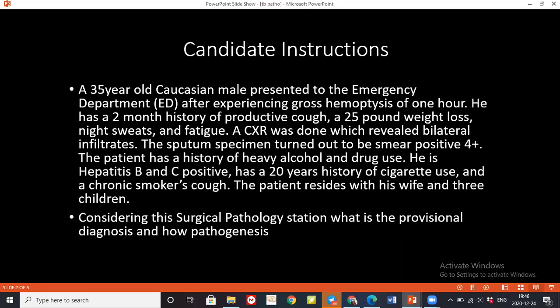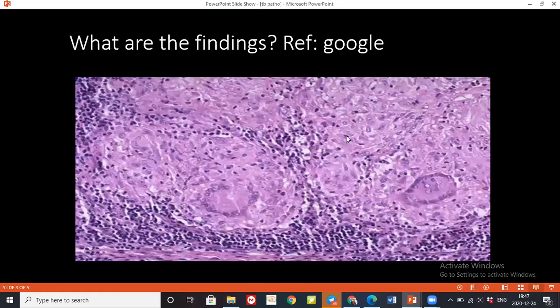Can you please tell me what histological features you will see in tuberculosis inflammation? The most important feature will be, histologically... If we are looking at this, what are we looking at?